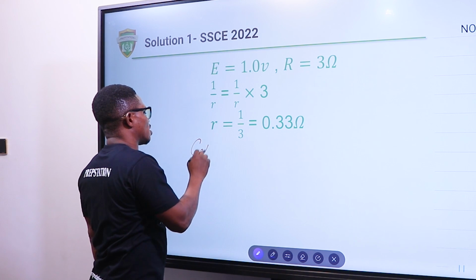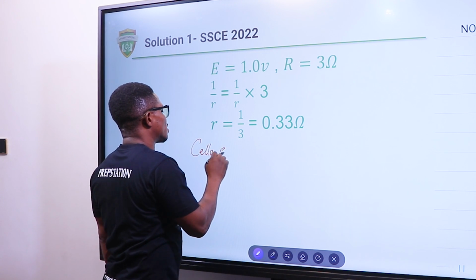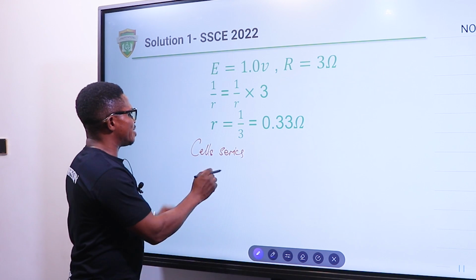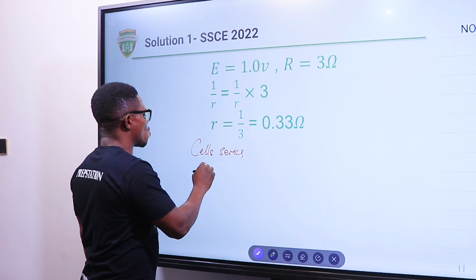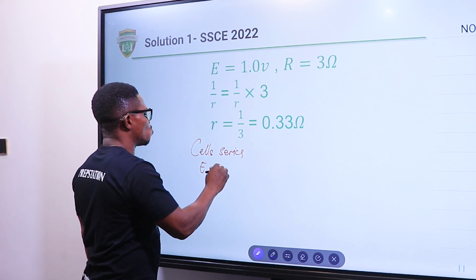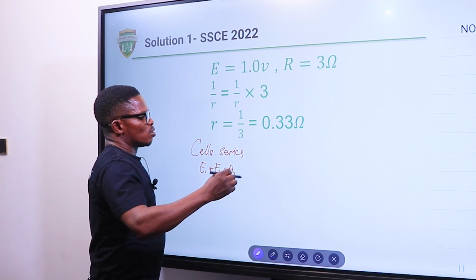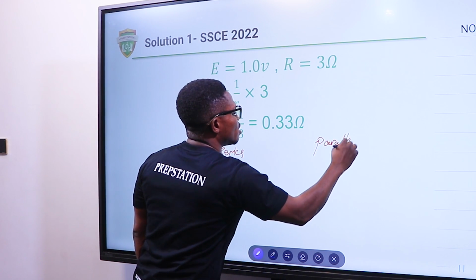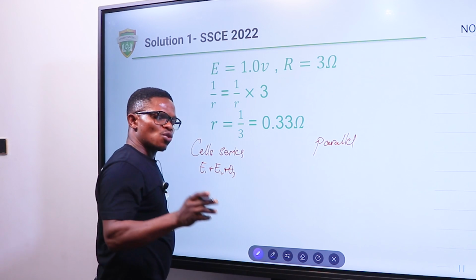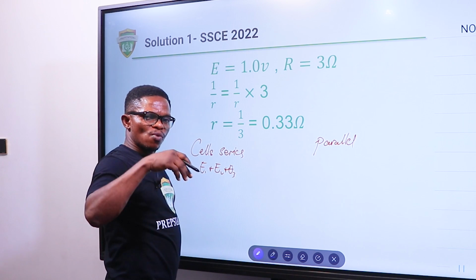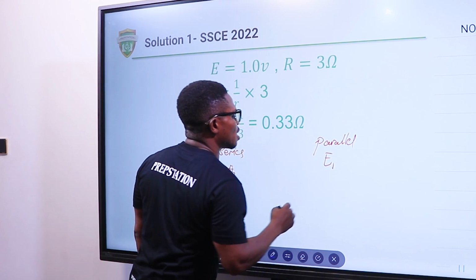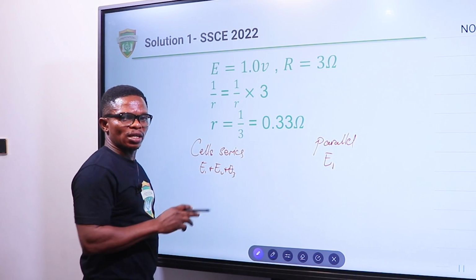If you have cells arranged in series, the total potential difference will be the addition of each cell, E1 plus E2 plus E3. But if you have the cells in parallel arrangement, then the total EMF, no matter how many cells were given in that circuit, will just be the value of 1 cell.